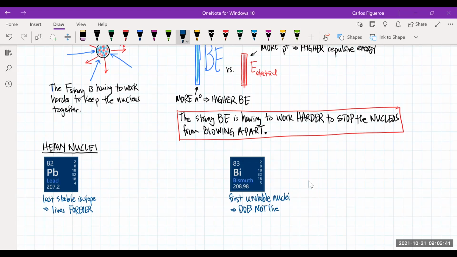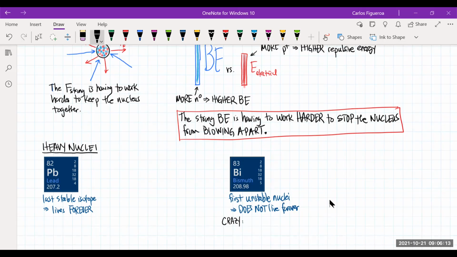So that means here it does not live forever. So if I start looking at the numbers, why is it that one proton and one neutron really changes this thing? So what's crazy about this is that bismuth... actually, let's calculate the numbers and then I'll write the crazy piece.